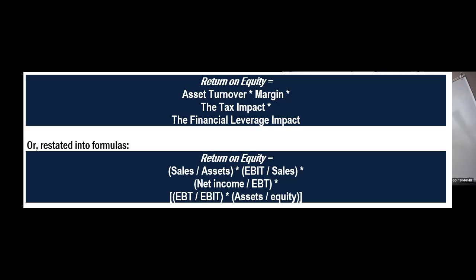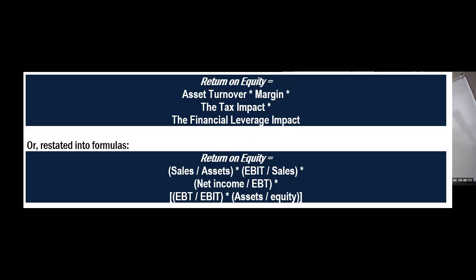All right, so we break this up into all these pieces. You'll notice that revenue is there, revenue is there, so those two cancel out. Assets is in the denominator there, assets is in the numerator there, so that cancels out. EBIT is in the numerator there, it's in the denominator there.